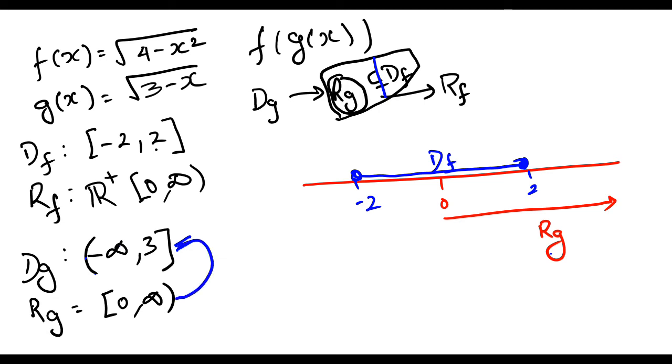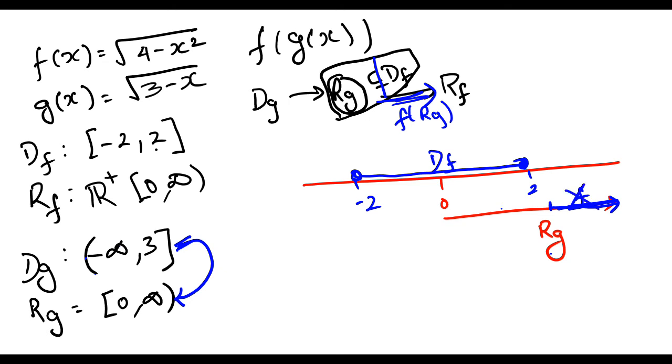If I do that, then I'll be getting my output as any value from 0 to infinity, and then I cannot do f on that. f of the range of g is not possible for us because the range of g has numbers beyond this point on which f cannot be operated on. So on this place, f cannot be operated, right?